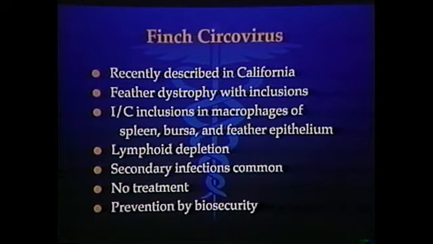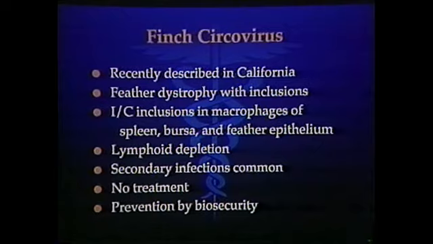Circovirus infections have also been reported in finches from California, and finches experience feather dystrophy and loss with typical circoviral inclusions. The inclusions are most noticeable as multiple cytoplasmic basophilic inclusions in macrophages of the spleen, bursa, and also within the feather epithelium.